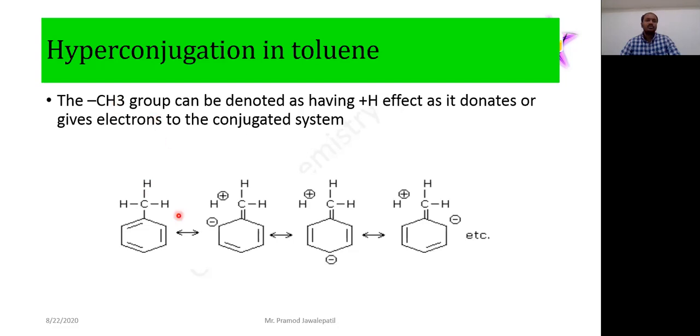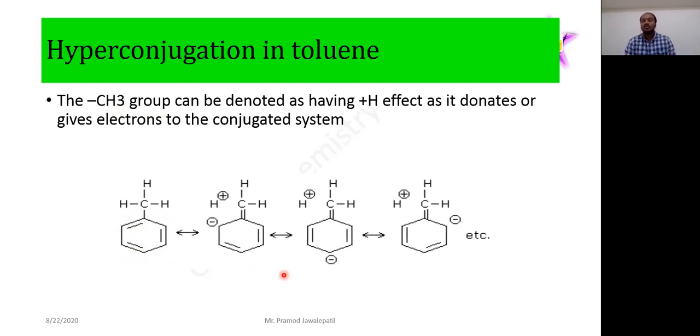This CH3 group can donate, having a plus H effect, as it donates electrons to the conjugated system. These carbon-hydrogen sigma electrons are conjugated with the pi system of benzene, and that affects the reactivity of benzene.